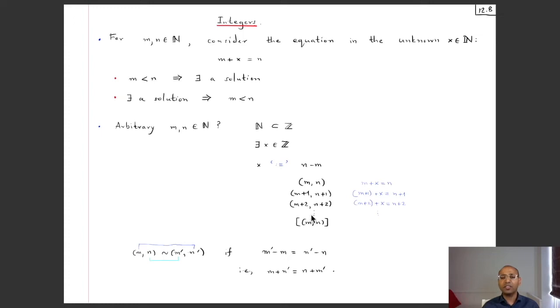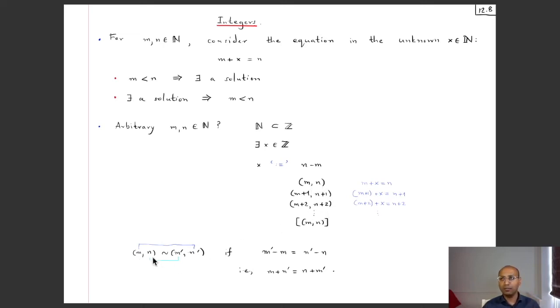The first question is, what should such an equivalence relation be? Well, if you have an ordered pair m comma n, that should be indistinguishable from everything which appears in this list. Suppose that m prime and n prime appear in this list. Well, how does something appear in the list when you add the same natural number to both m and n? So this m prime and n prime which appears in this list should be such that m prime minus m should be the same as n prime minus n.